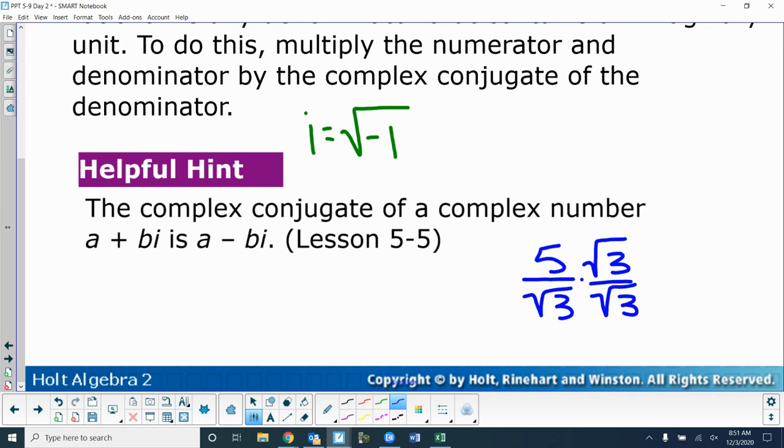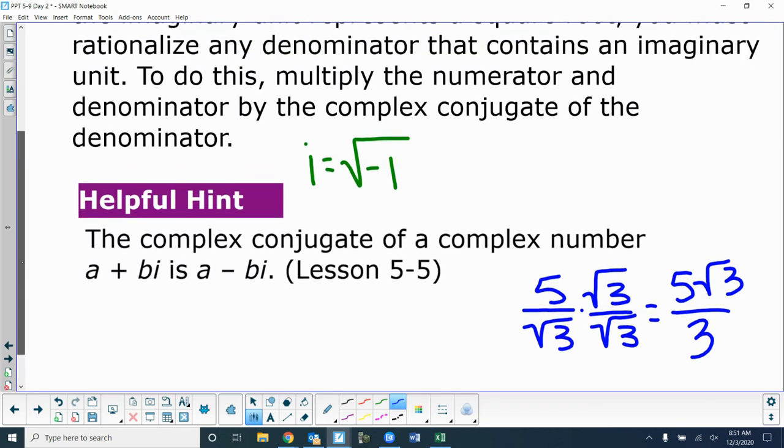It's called rationalizing the denominator. So, just go 5 times radical 3 in the top. What's radical 3 times radical 3? 3, yeah. Gets rid of that radical sign. Remember that? So that's what it's talking about in that first sentence.